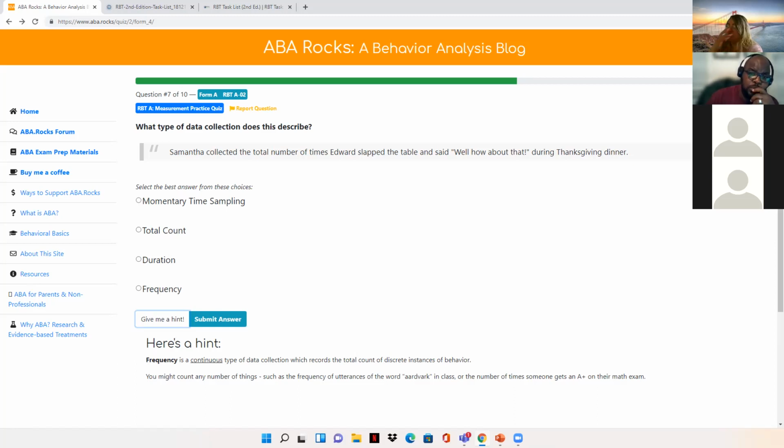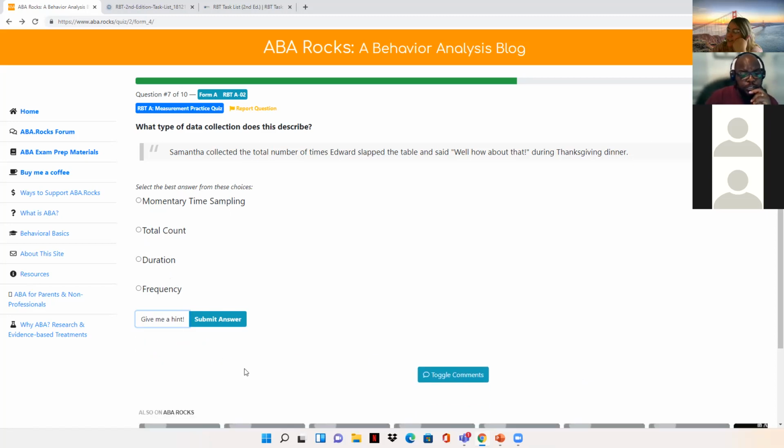For continuous data collection methods, we have rate, duration, frequency, IRT, and latency. So you would take out the total count, take out the momentary, and that leaves you with frequency and duration. So the answer would be frequency.